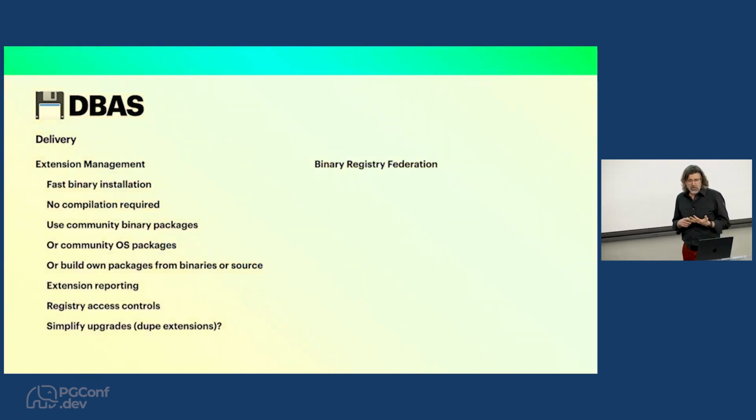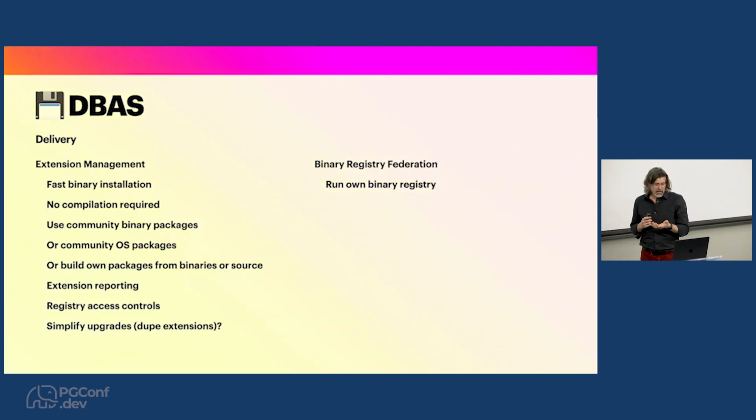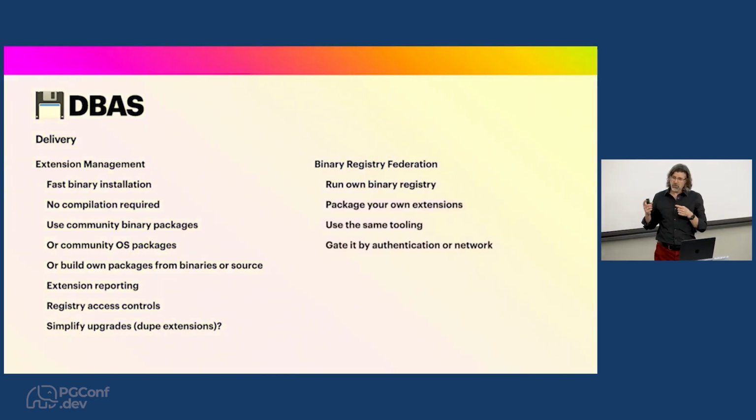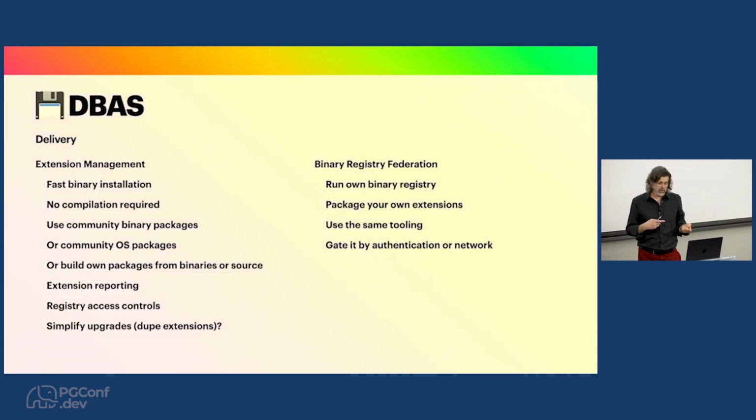Binary registration federation, potentially. So if they're using, they can pull different requirements from different locations as they need them. Again, as I said, run their own registry and package their own extensions that are built by their own developers or curated ones that they pull in, and then gate it by authentication within their networks.